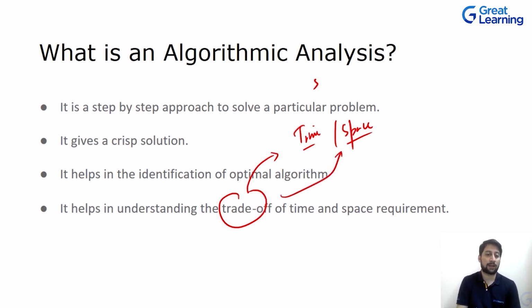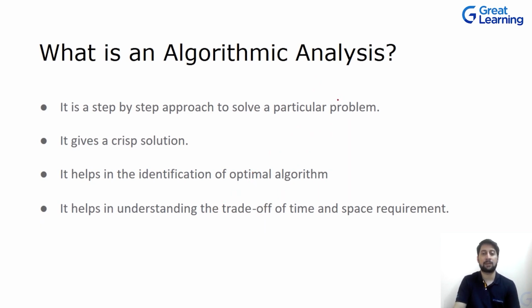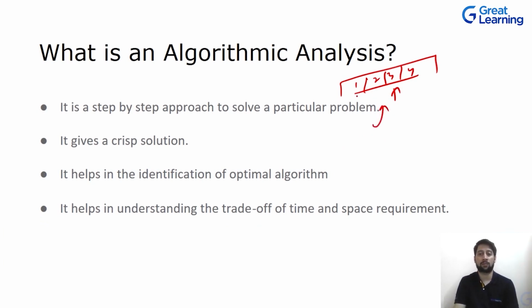Let me give you an example. You are given an array, and in that array you want to search an element. The first approach is that you will go and search one by one. You will iterate through here and here and here, trying to search an element. Let's suppose you are searching for 4.